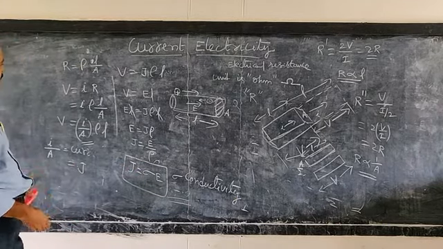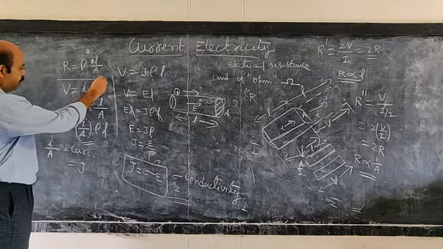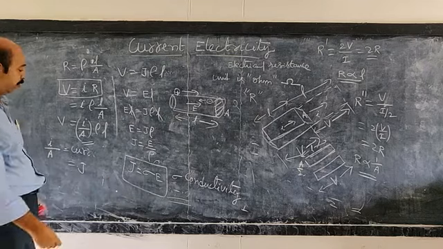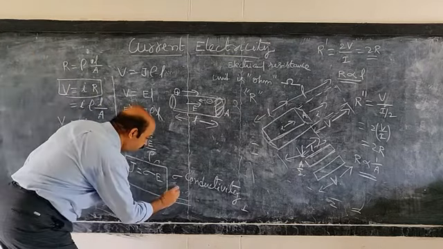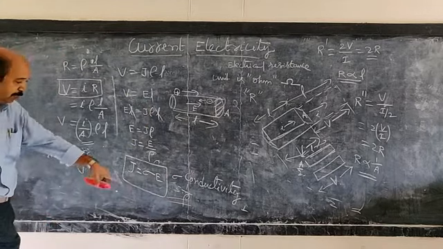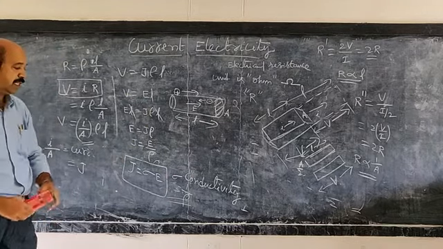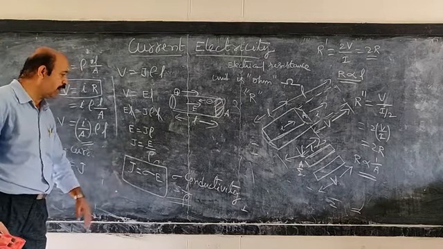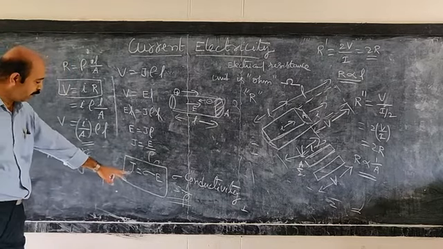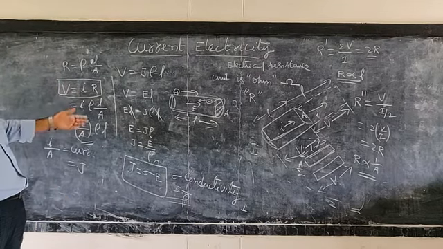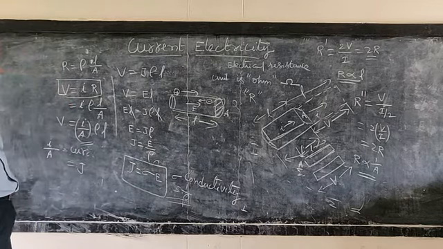See, in Ohm's law, what have you done? V is equal to I into R, and here J is equal to sigma into E. Here sigma is nothing but the reciprocal of resistivity. So that reciprocal of resistivity, we call it conductivity. So this we can also call another form of Ohm's law, because it is derived from this only. So these two can be treated as equal.